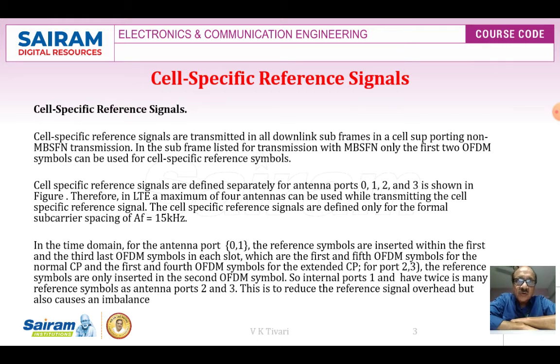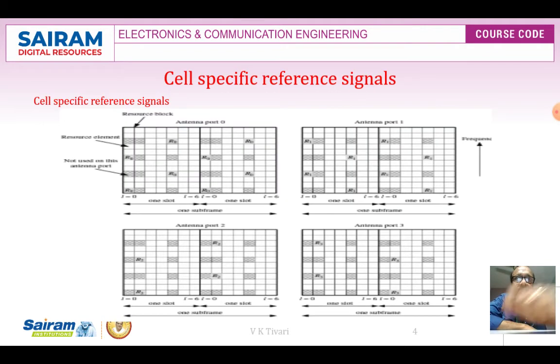This is to reduce the reference signal overhead but also causes an imbalance. Cell-specific reference signals, you can see how exactly they are listed out in frequency for antenna 0, antenna 1, antenna 2 and antenna 3.